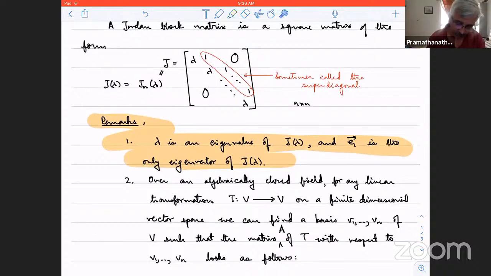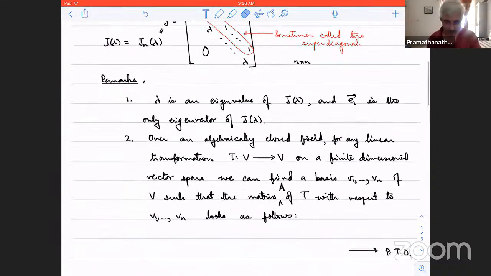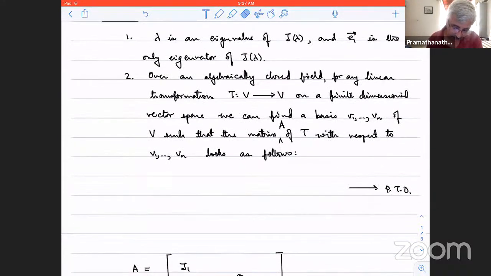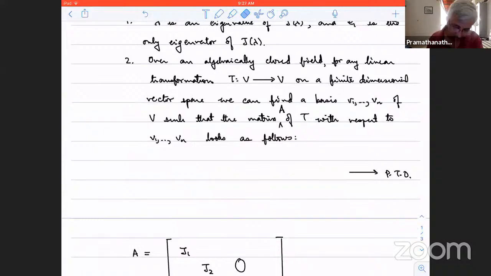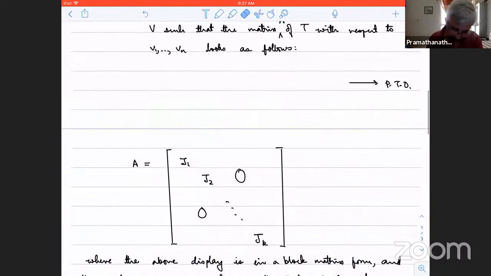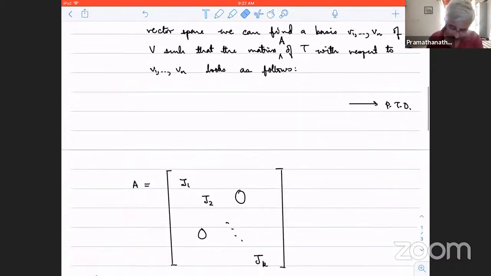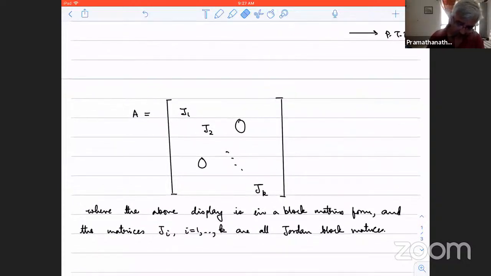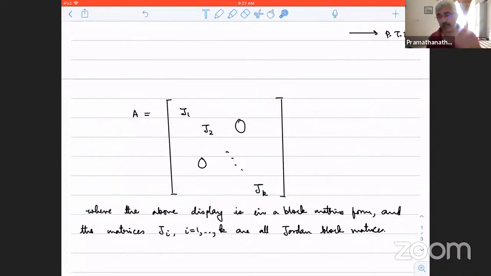If you have a Jordan block matrix like this, then over an algebraically closed field, for any Jordan canonical form, you can find a basis so that the matrix of T, which we'll call A, can be decomposed in the following manner, where each of these are Jordan blocks, perhaps with the same eigenvalue.